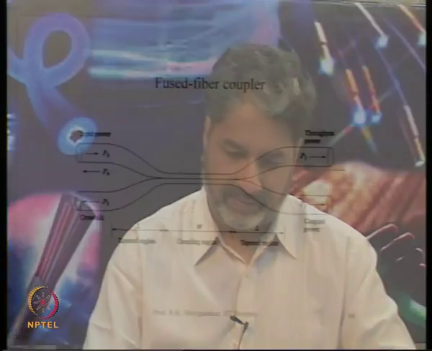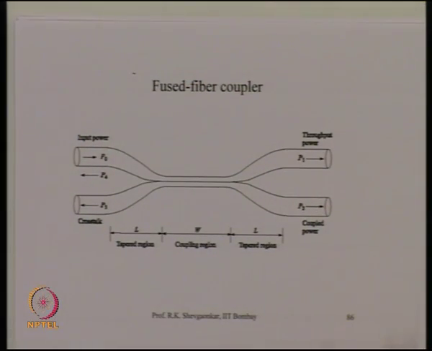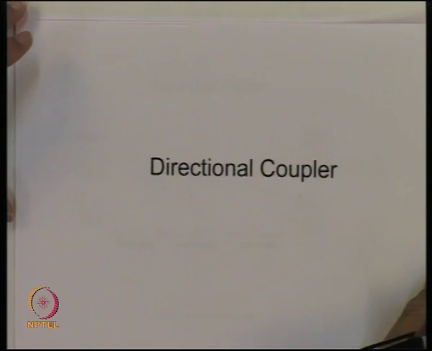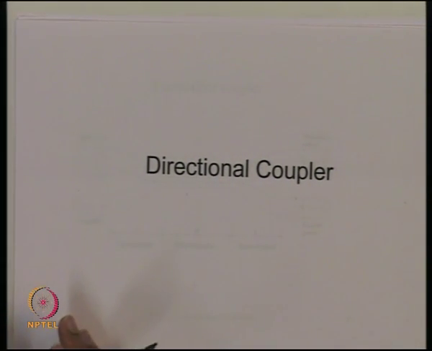The other class of device, which is far more powerful than the simple fuse coupler, is what is called the directional coupler. So, we will see that if we take two fibers and bring them very close to each other, then if you have the cladding on the fiber core, just bringing them together or even touching them, nothing great will happen.